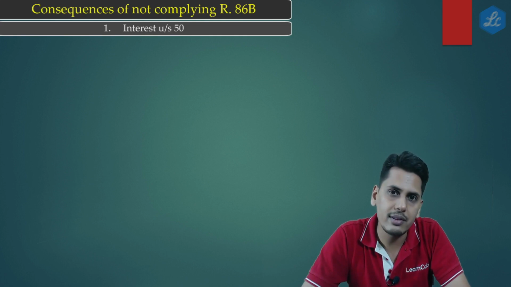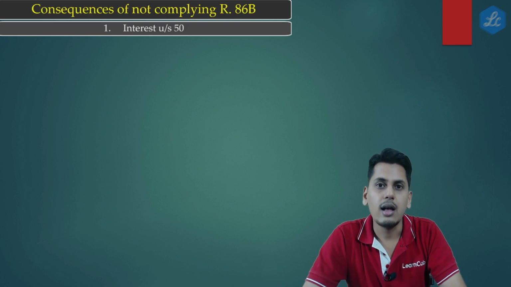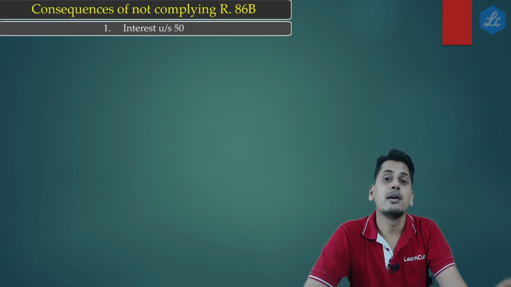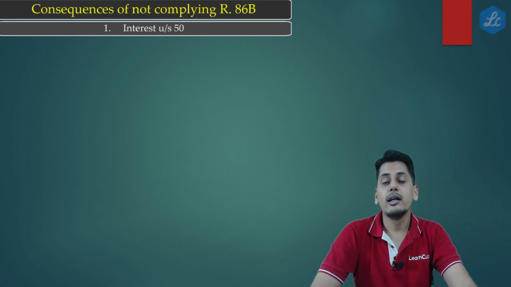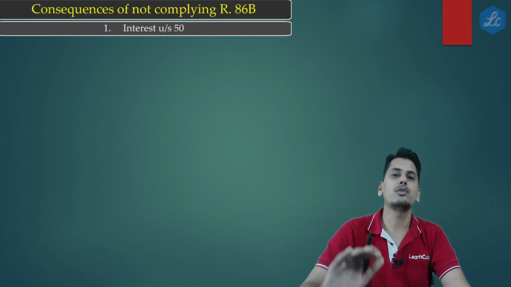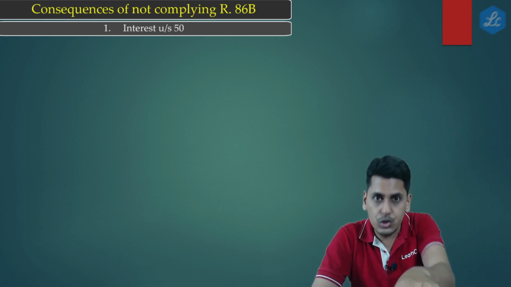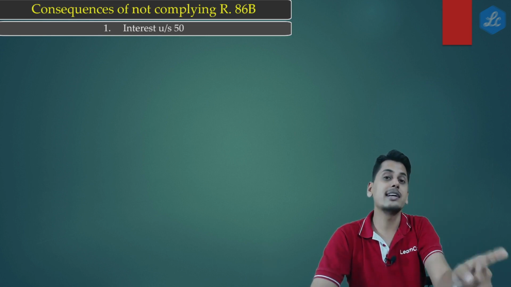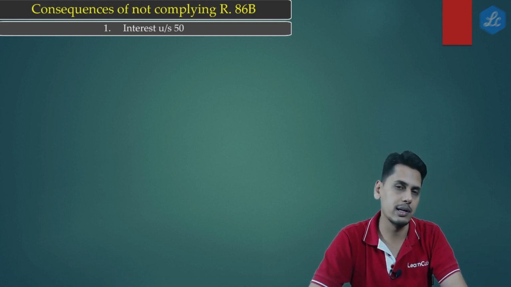Now what if I didn't comply with this? What would happen at the most? I have paid the liability, right? Ultimately, I have discharged my output tax liability. Whether through credit ledger or cash ledger, why is the government bothered? Friends, please understand. If 86B was complied with, the government would have got money directly into its bank account. Had that 1% which you were supposed to pay from your electronic cash ledger been paid through it, the amount would have gone directly to the bank account of the government.